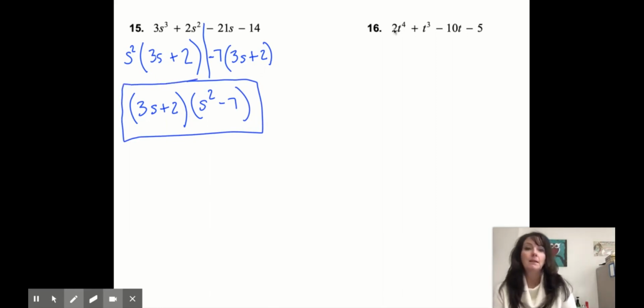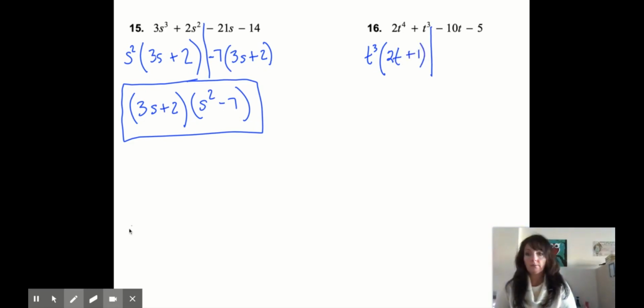Okay. Again, looking at all the terms. Any common things that I need to factor out? Negatives, common factors, GCF? Nope. Doesn't even look like I need to rearrange the terms. So I can factor out a t cubed on the left. So then this would leave me with 2t plus 1 over here.